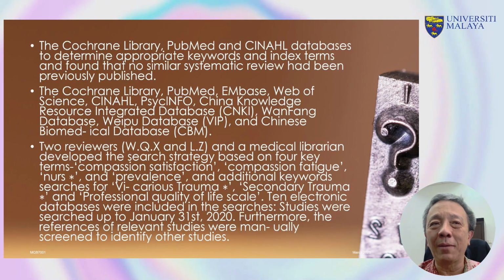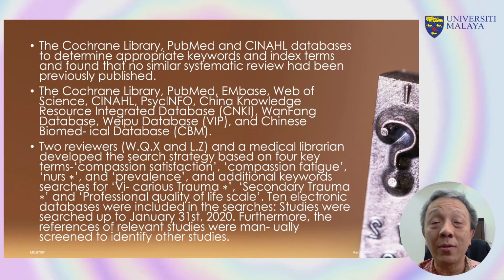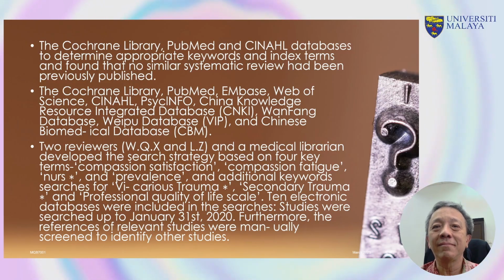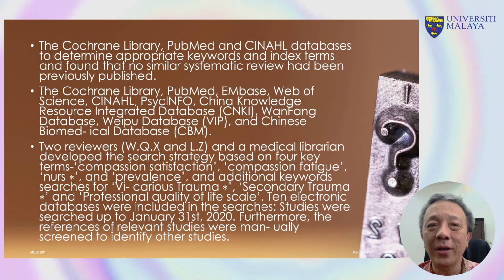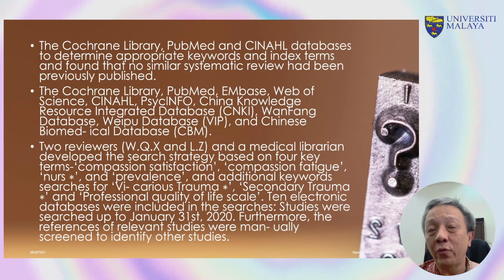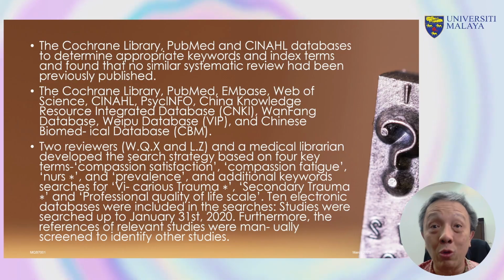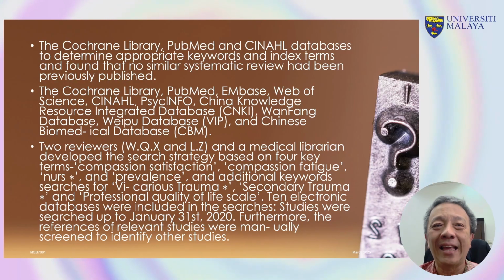Okay, let us look at this example. We will let you spend time reading this. All right. If you look at this, depending on your research question, depending on what you need to find, the number of databases that you need to search can be 1, but usually 2, but it can be even 10.